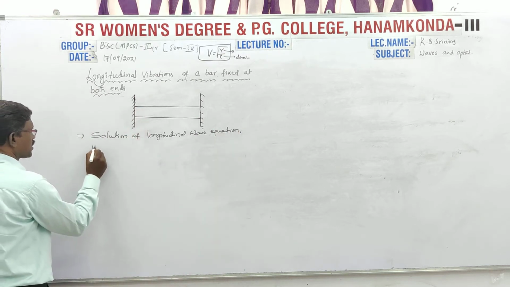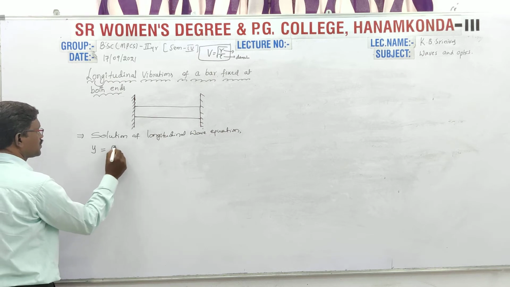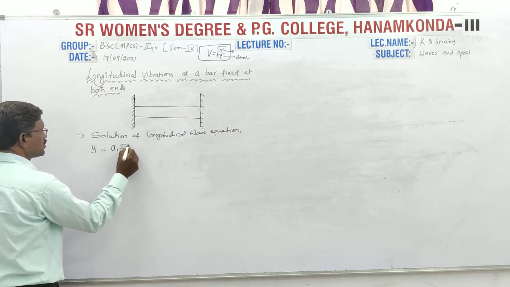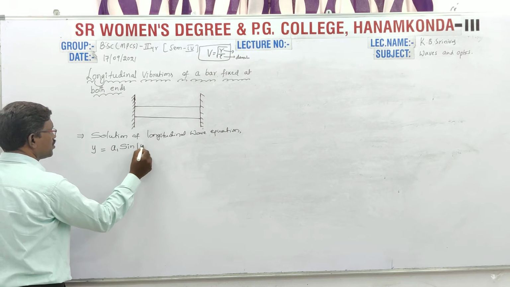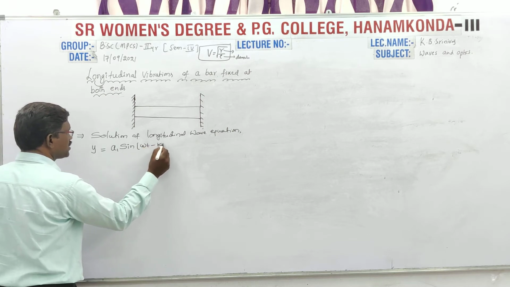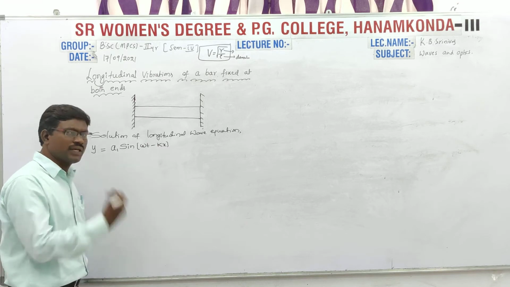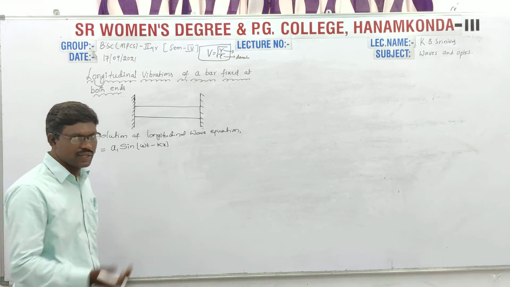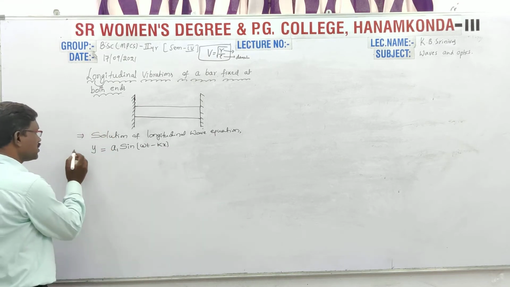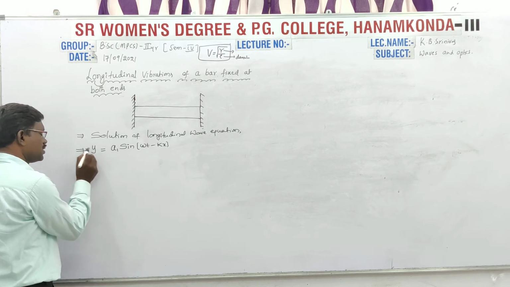That is y is equal to a1 sin of omega t minus kx. You have to remember this solution. Without this solution, you cannot find all the four cases. This step is very important.